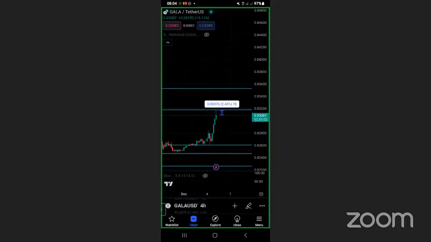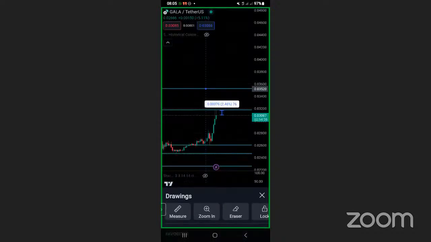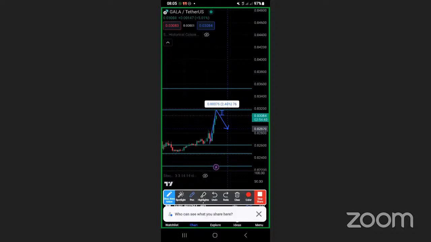Now, in this case, if this price, like it has built up from here, if it decides to come back here, okay, and then it doesn't break through, you will expect it to retrace. And the retracement may be around here. See where the retracement is going to be?